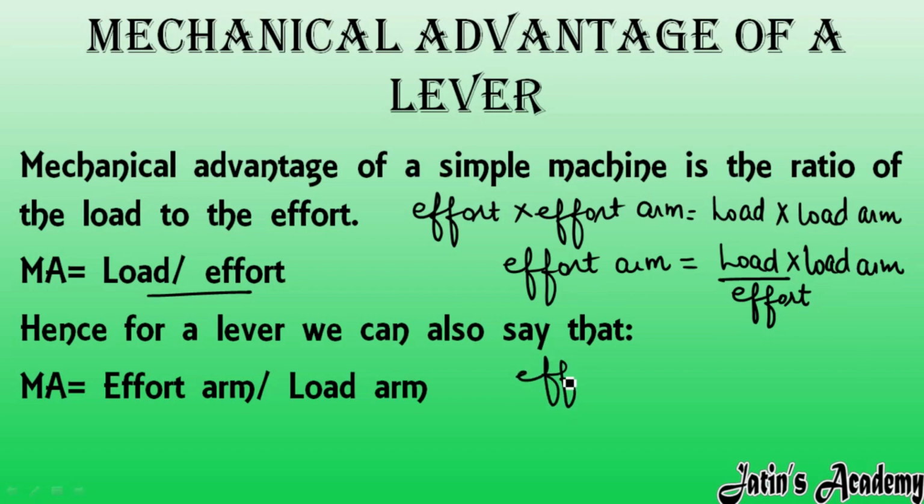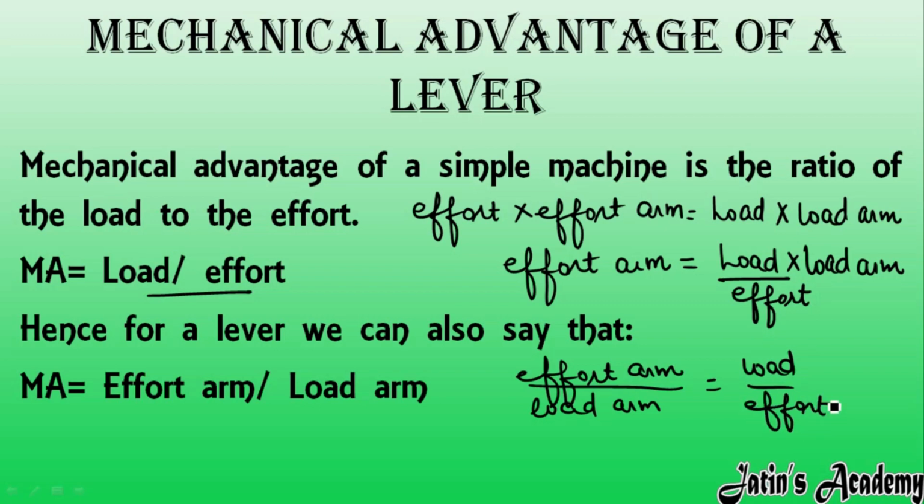So it will be effort arm over load arm is equals to load over effort. And as we know, load over effort is what? Load over effort means mechanical advantage. So mechanical advantage of lever is equals to effort arm over load arm. From this derivation, this formula came.